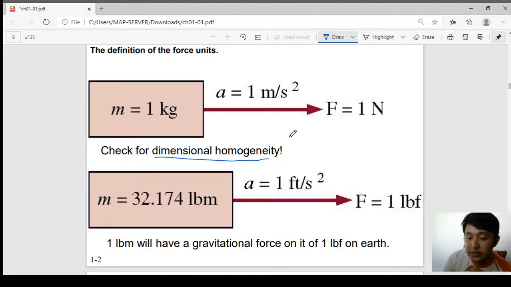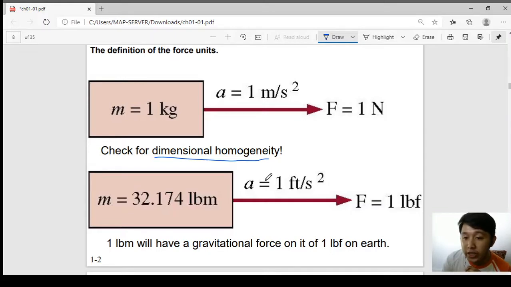In the international system, the standard units used are Newton, kilogram, meters per second squared. In the English system, we have the pound force, feet per second squared, and the pound mass, so pound mass times feet per second squared. I will just sketch it here.